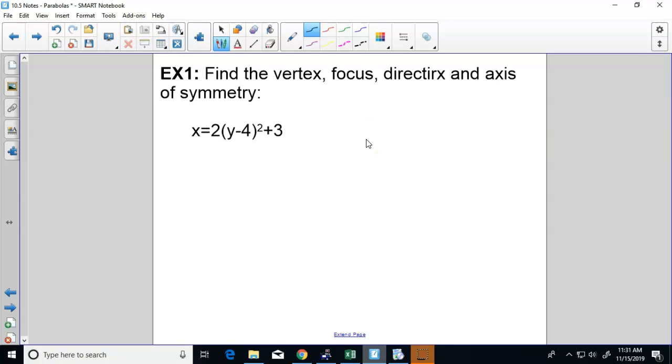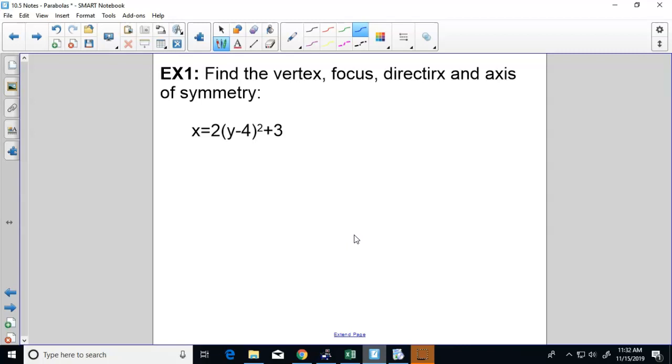This one is already in vertex form, and it is an x equals equation. If it is an x equals equation, does it open up and down or left or right? Left or right. When we have a parabola that opens left or right, opening to the right is the positive direction, and opening to the left is the negative direction, whereas whenever it opens up for a normal parabola, that means our x squared is positive.